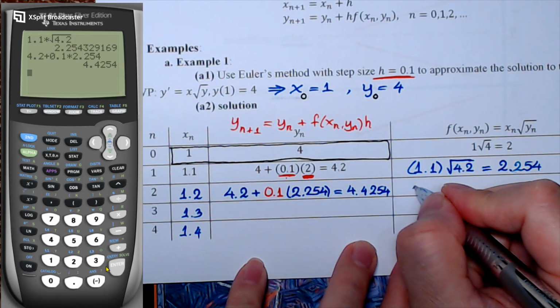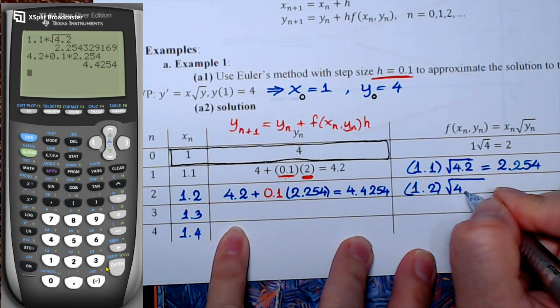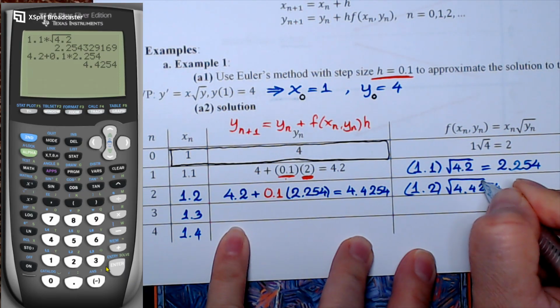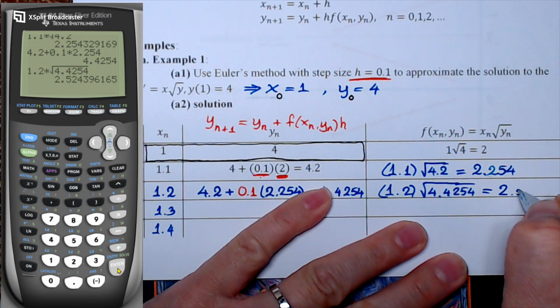And then we update. It will be 1.2 times square root of y, which is this guy, and we just keep doing that. As you might imagine, this is a nice problem where we can just use Excel. That will work just fine. But for now, 1.2 times square root of 4.4254, and that is 2.5244.